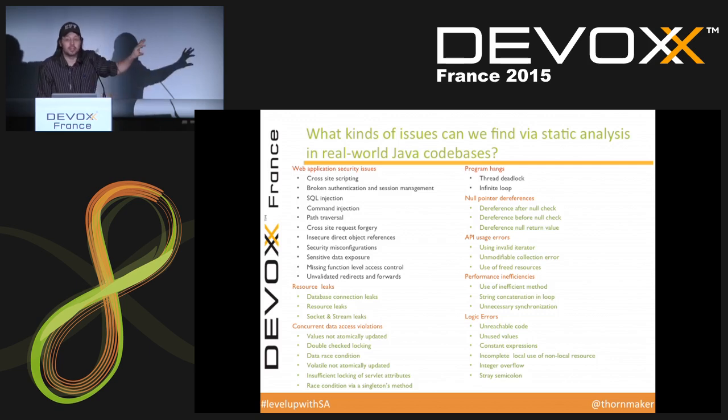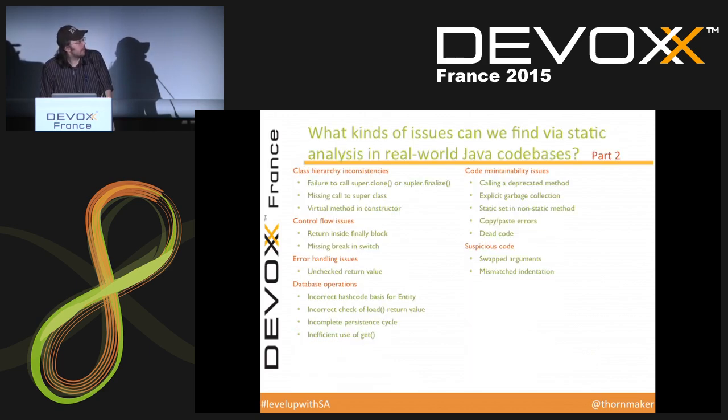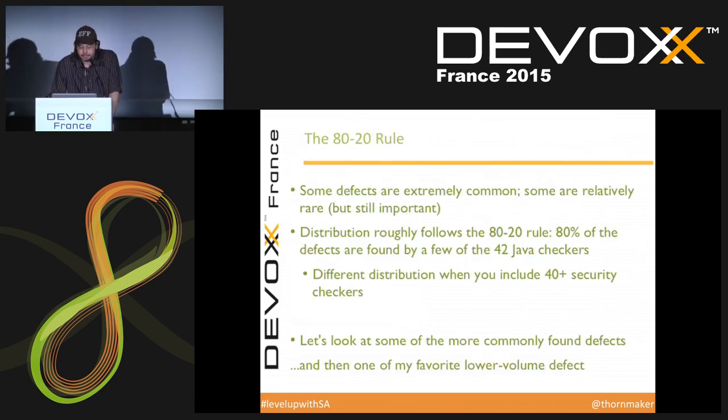A lot of the issues in this security category are the data flow type of issues that we were just talking about. There are also things like resource leaks, where a database connection is not properly released, for example, and lots and lots of other types of things as well.